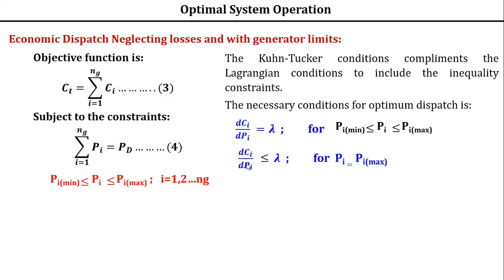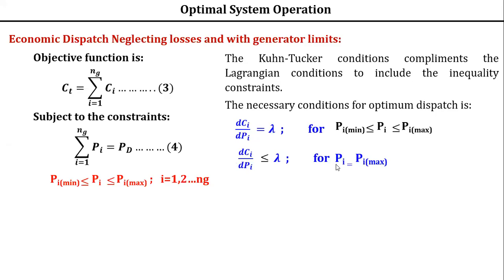The incremental fuel cost will be less than or equal to lambda if Pi is equal to Pi max. That means whenever the real power generation exceeds the maximum value, then set that maximum value as your real power generation.